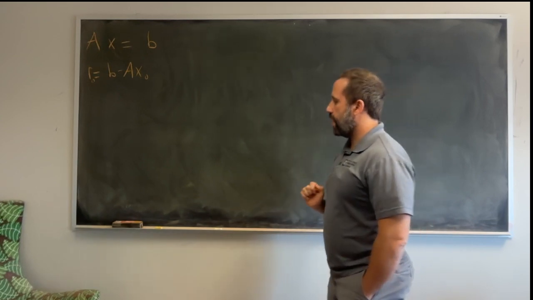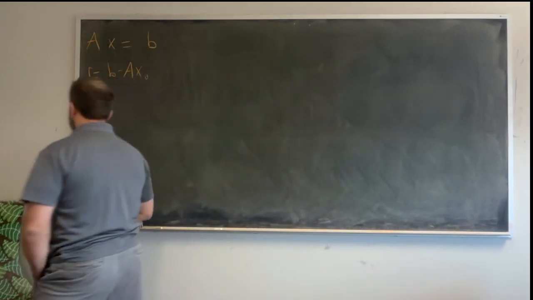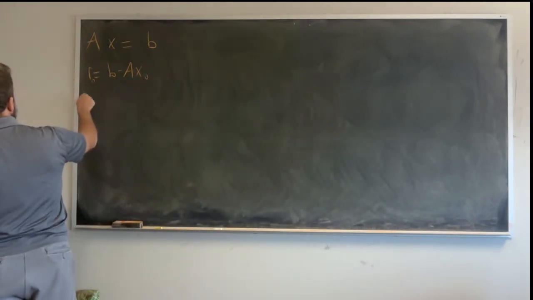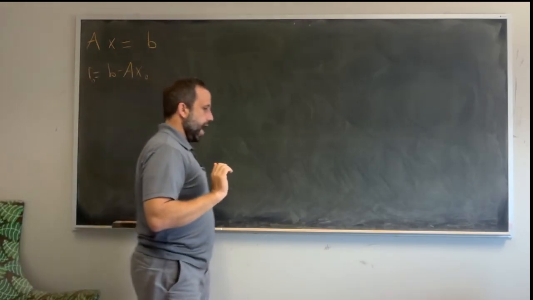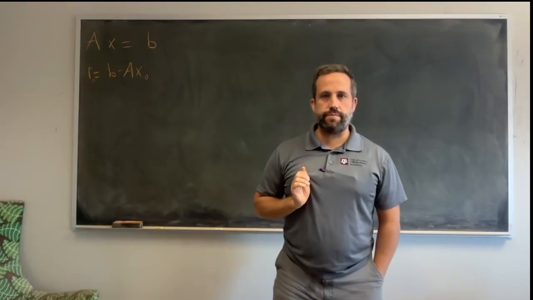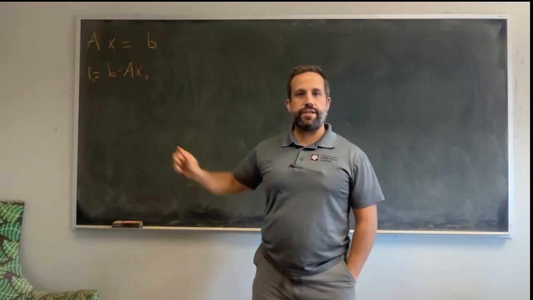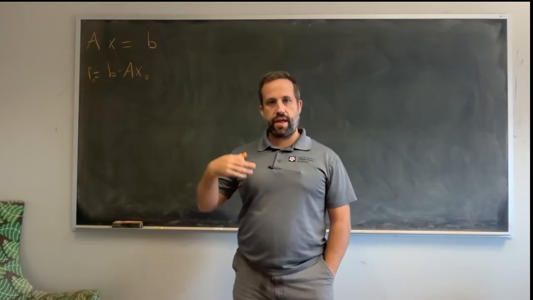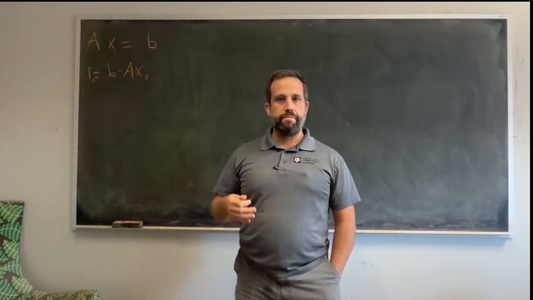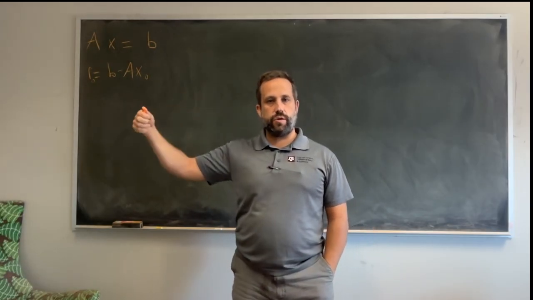Okay, one thing that I just want to point out here, if x0 is equal to 0, r0 is equal to b. And if it gets to the point where there's too many subscripts for you, just imagine that r0 is equal to b, and that'll make things make a little more sense. I think things look a little more natural if you just tell yourself that r0 is equal to b.